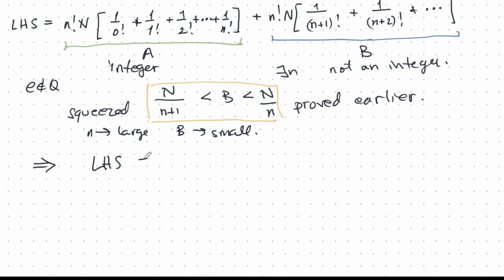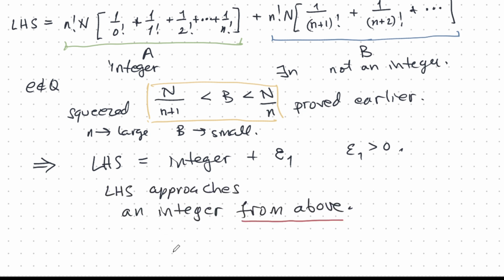This is also part of the Liouville beautiful idea. This is an integer plus some small positive number, call it epsilon 1, where you can make that as small as we like. And so the left-hand side approaches an integer from above.